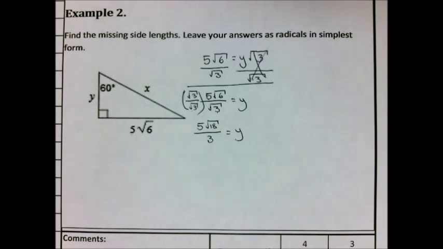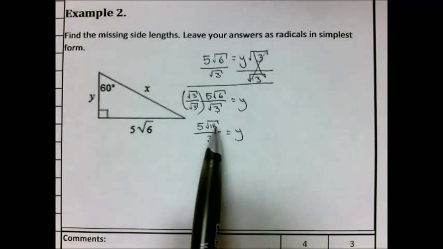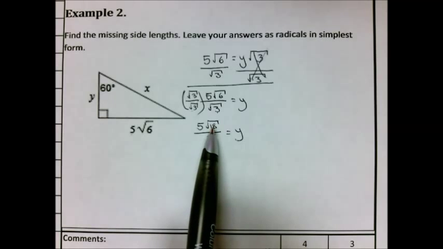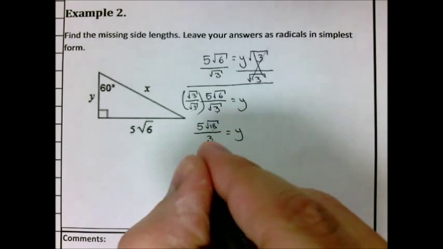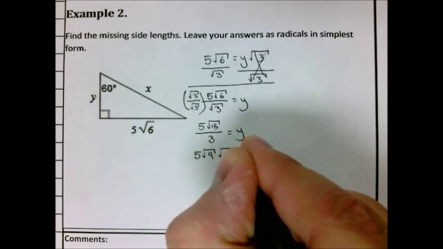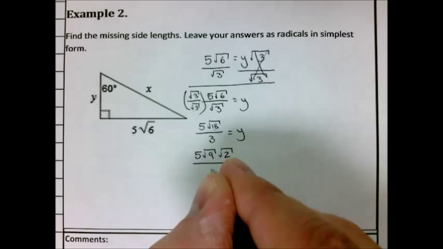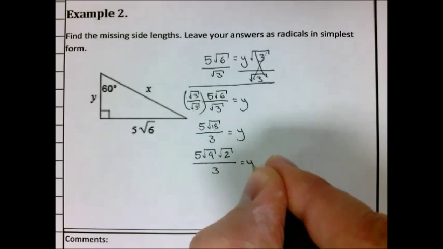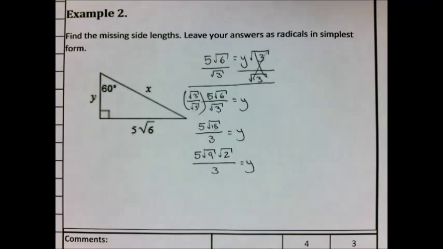Alright, we're still not done yet because there's a perfect square we can take out of 18, and that perfect square is 9. And so let's rewrite this now as 5 times the square root of 9 times the square root of 2 divided by 3 is equal to y. Man, there's a lot to do on this one.